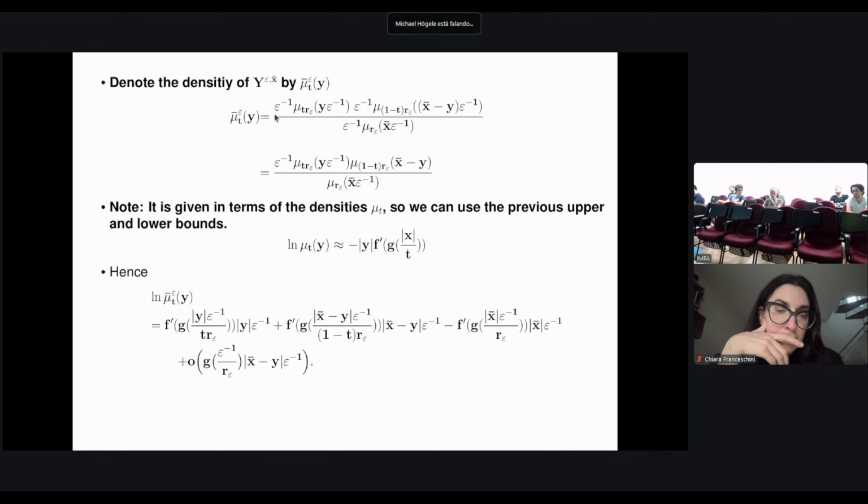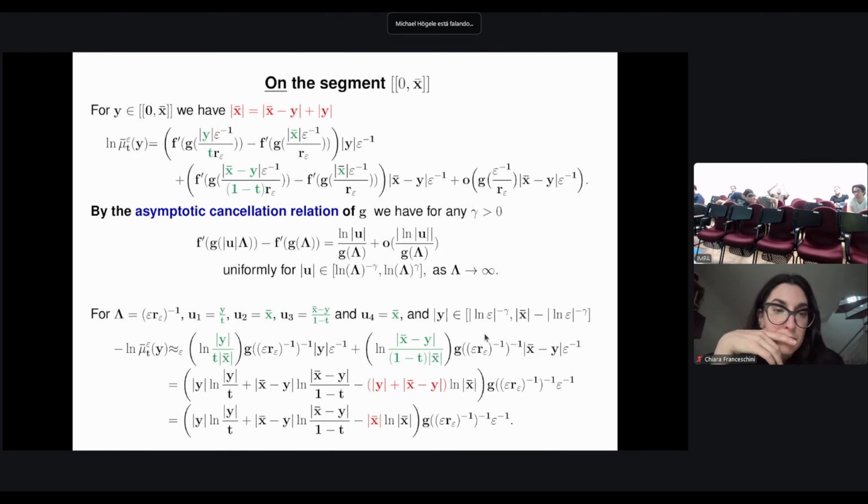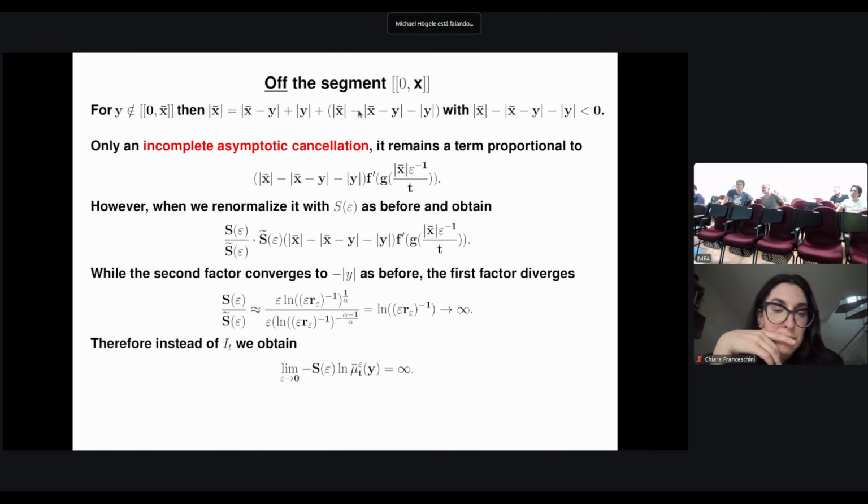So you go forward to the middle and then to the end, and then you have to normalize to having gone the whole interval. If you do this in just one intermediate step, you can see that these terms just appear here. In order to do this, we have to distinguish being on the segment and off the segment. This is what will come here.